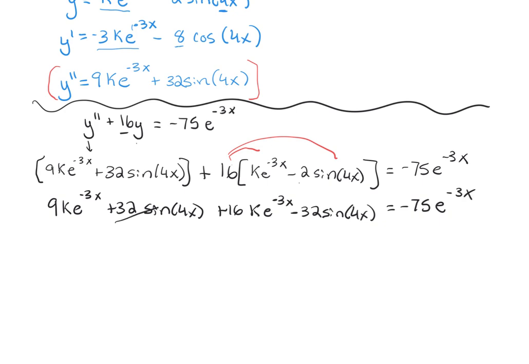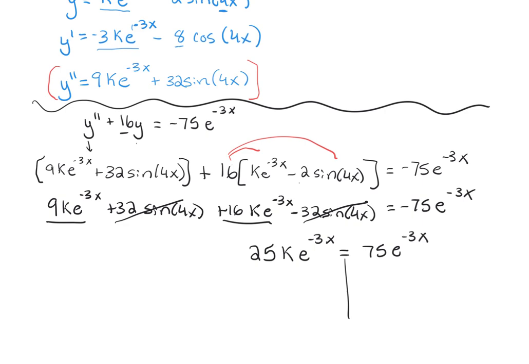Look at this. This term cancels with that term, and these two terms are like terms. So I can do 9 plus 16. So this all of a sudden simplifies way down to 25k e to the negative 3x equals negative 75e to the negative 3x.